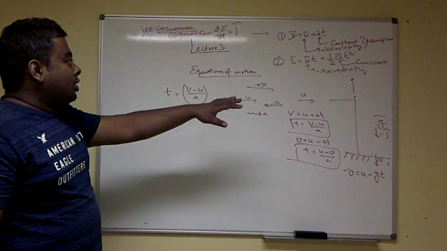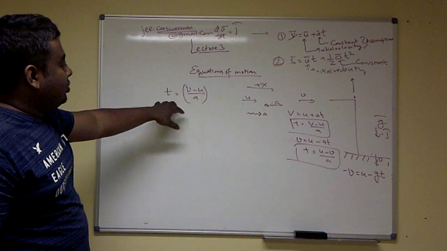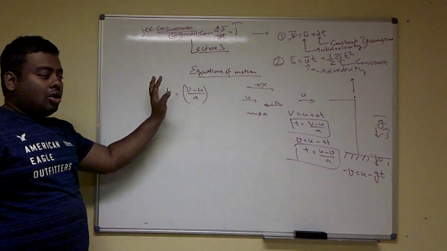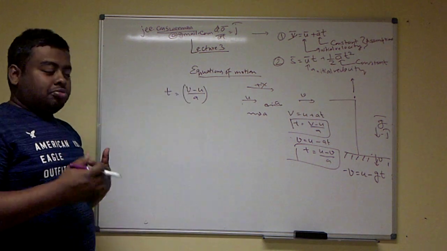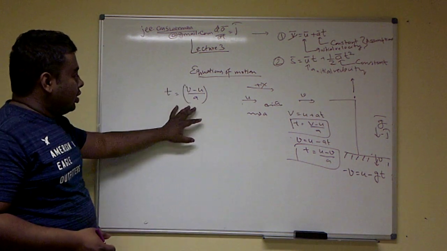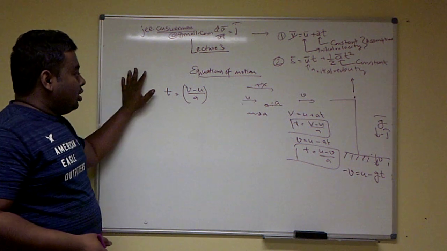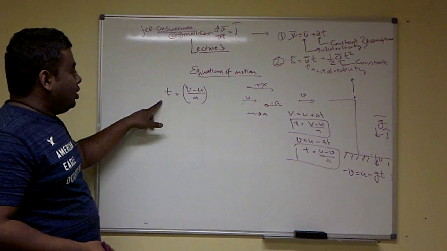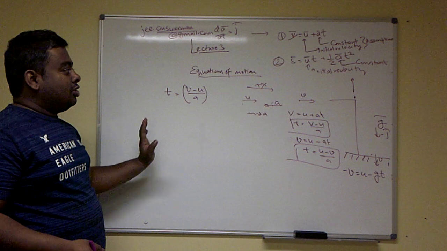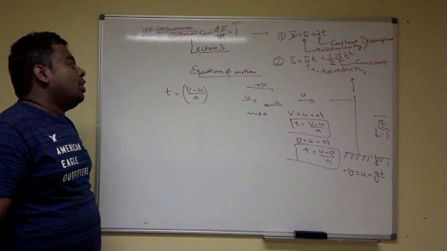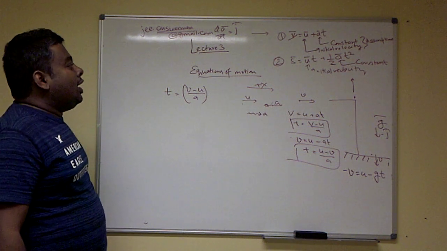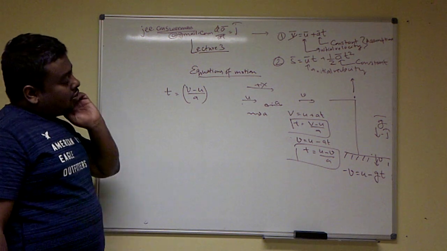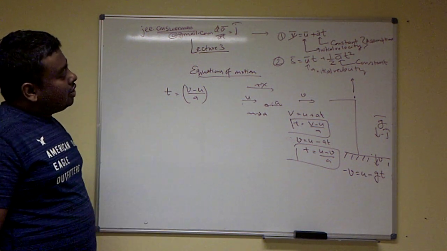So that's that. So let's say we have taken all the signs there, and looking at it with all the signs put together, you can write your time as (v minus u) divided by a. Okay. And then you can also probably write it in another way.